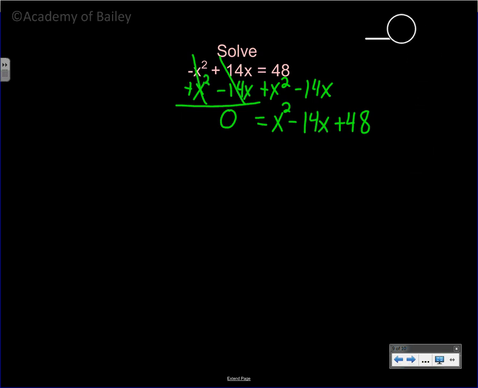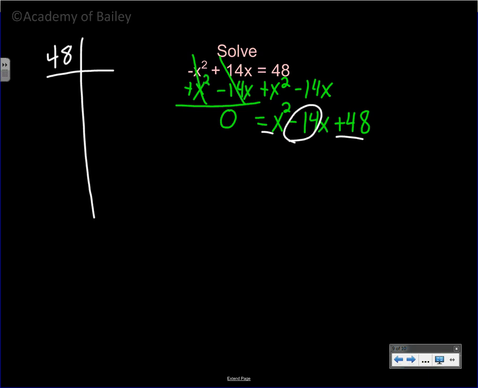Let me move this away from the edge a little bit. So it's 1 times 48, which is 48, and negative 14x. Negative 14 goes up there. Two numbers that multiply to get 48 and add up to get negative 14. 4 and 12, that's 16. That's not it.